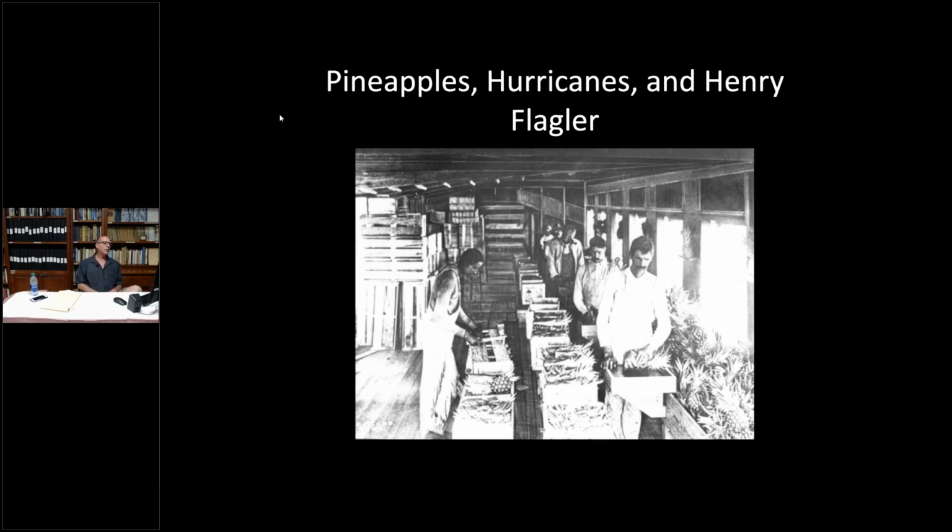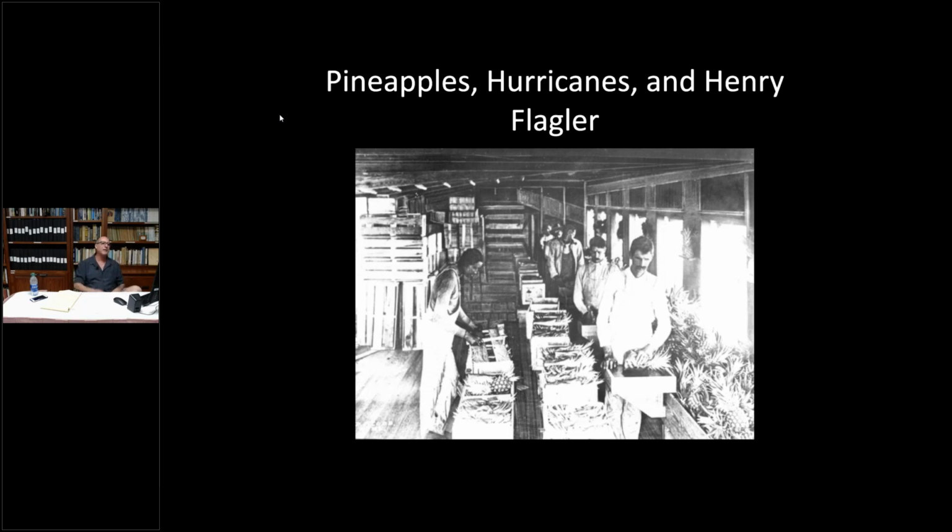And also one of the problems was Henry Flagler, who opened his railroad. His destination was Key West, but his real destination was Havana. So the railroad would go to Key West, where the railroad cars would be loaded onto a ferry.